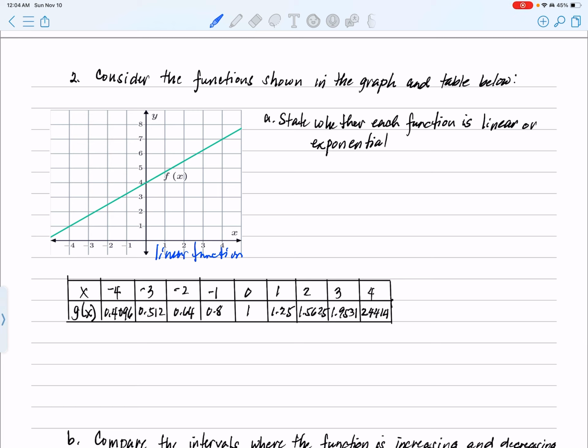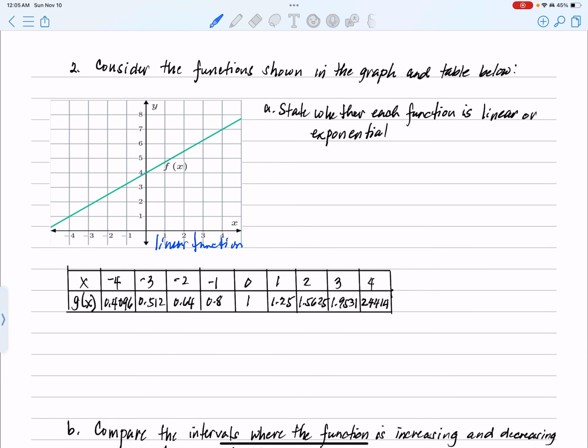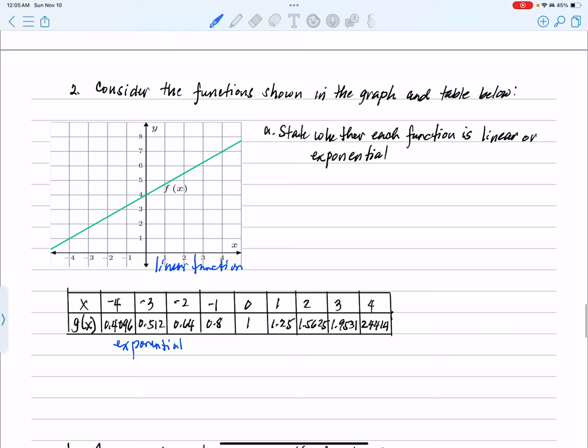But the way we see on the g of x, this is an exponential. But we have to check. State whether the function is linear or exponential. This is f of x. The graph is a straight line.